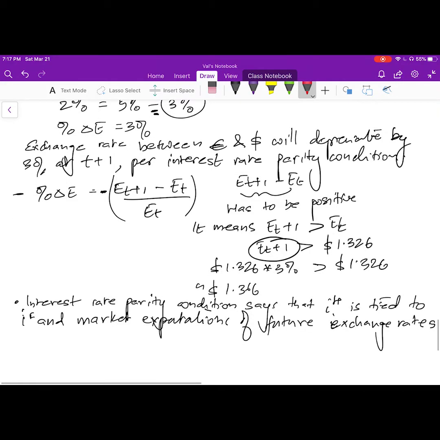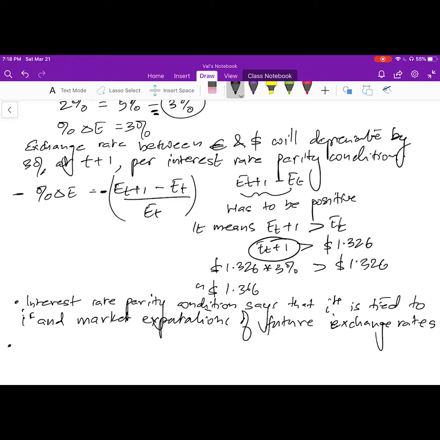That's what this statement is saying. Interest rate parity condition says that interest rate at home today is tied to interest rate in foreign today and the market expectation of future exchange rate, right? So nobody has seen the future, but you can make an expectation of where the exchange rates are going based on the differences in interest rates.